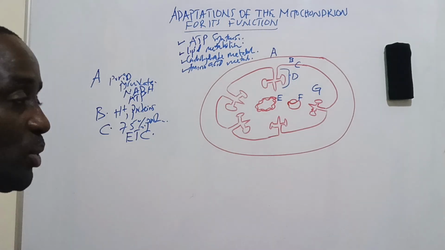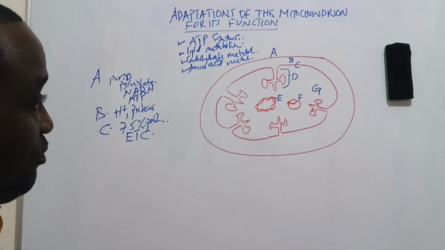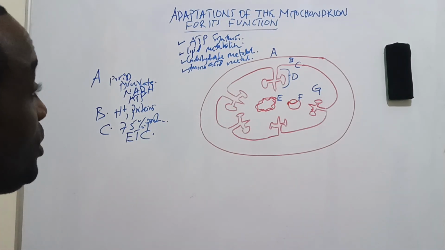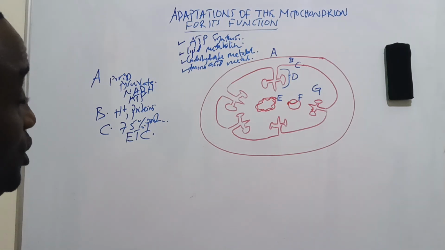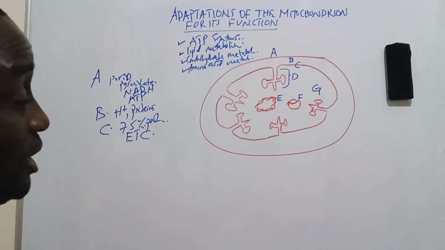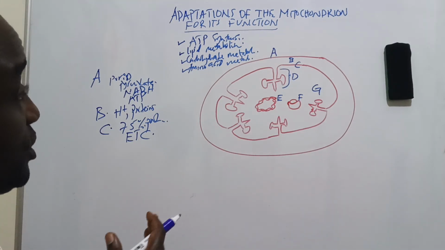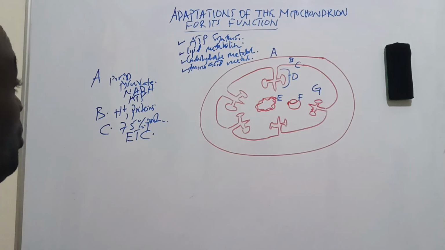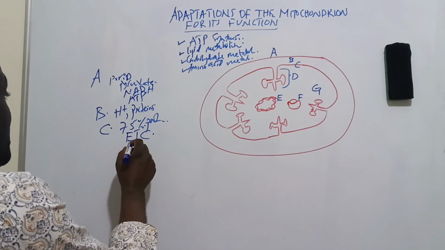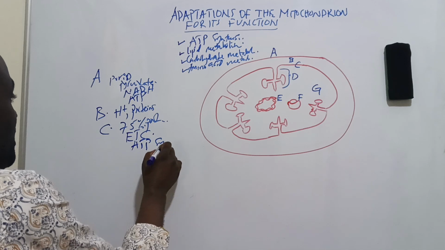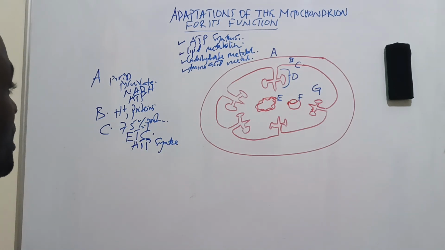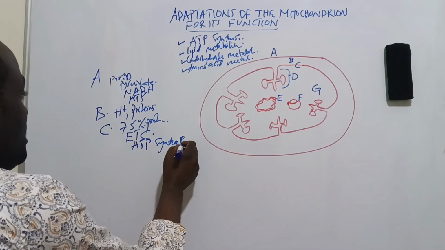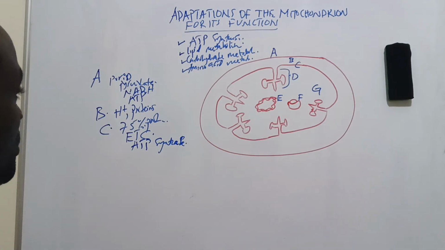Possession of transporter proteins that allow selective passage of materials to enter the matrix of the mitochondrion, and possession of the proteins of the electron transport chain, which are involved in the movement of protons from the matrix to the intermembrane space, but also possession of enzymes such as ATP synthase, the one which is directly involved in ATP synthesis. That is very important.